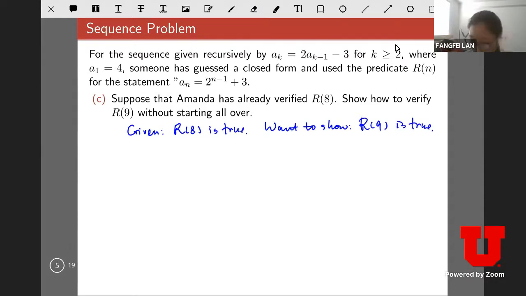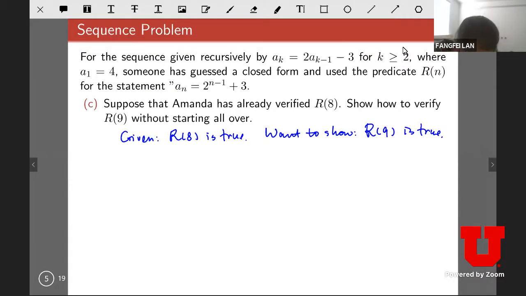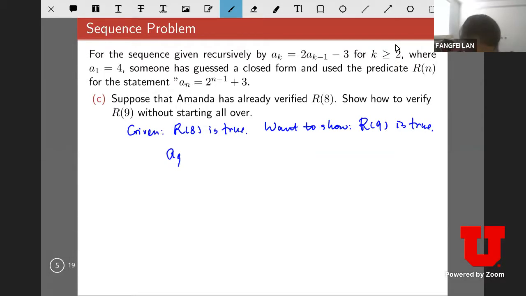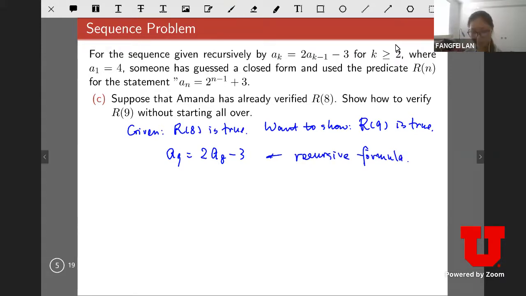In this case, we have to use the recursive formula that's given to us, right? So since we know that R8 is true, we can substitute. So A9 is equal to 2A8 minus 3, right? From the recursive formula. What do we do now?